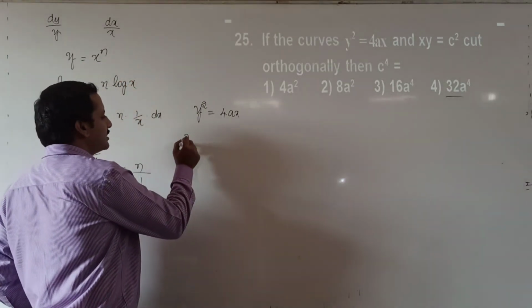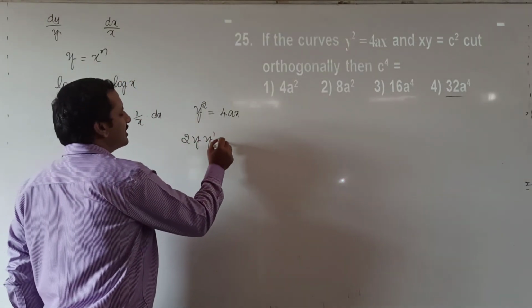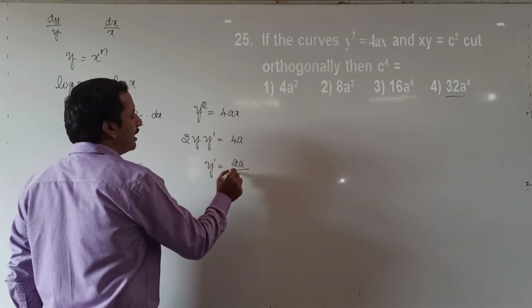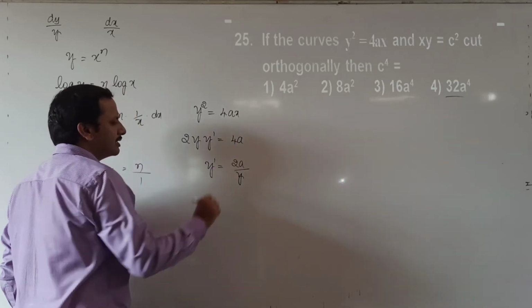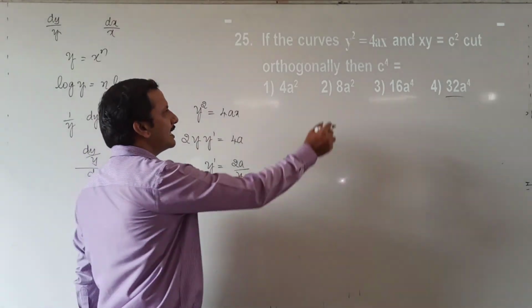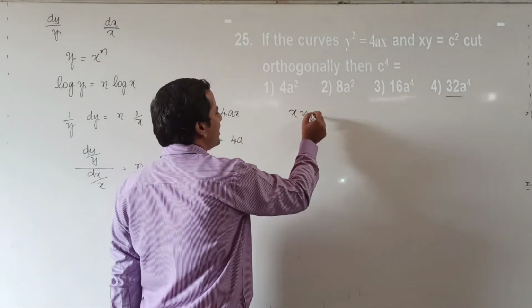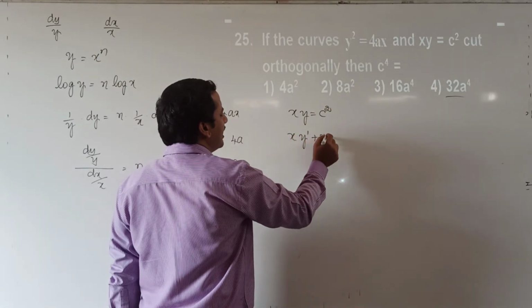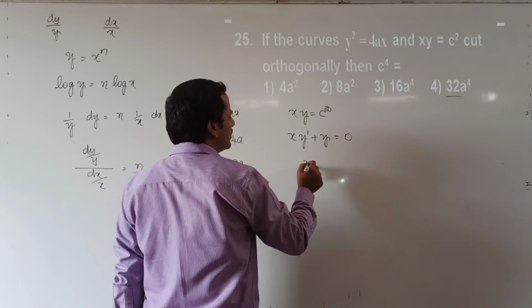So differentiate this. 2y y dash is equal to 4a. So y dash is equal to 2a by y, 2 gets cancelled. I'll call this m1. Then take the second curve, xy is equal to c square. Differentiate this. x into y dash plus y is equal to 0.